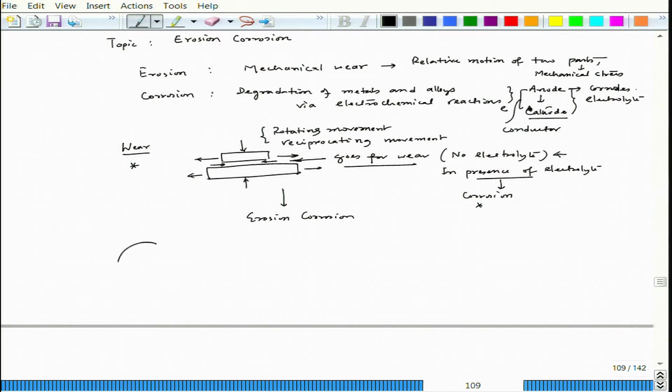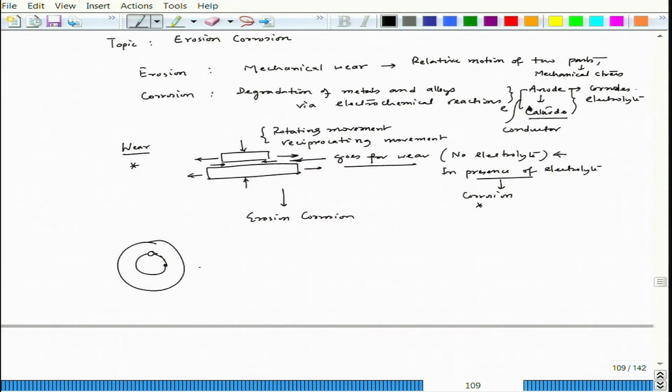So, the pin on disc, what you have? You have a circular disc, on top of it a pin will be there. That pin could be in the form of a ball. Okay. So, that ball will rotate like this, and it can form a wear zone like this.